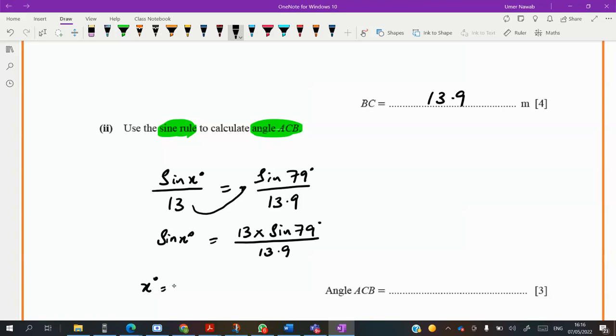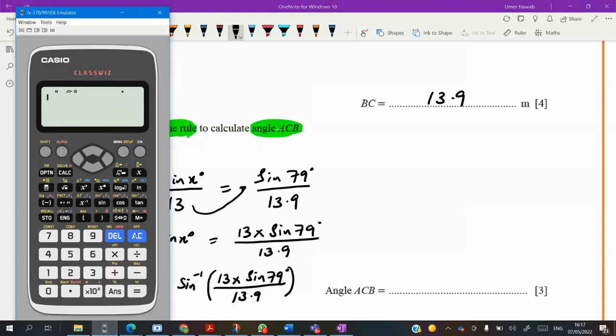Then we write shift sine of 13 times sine of 79 over 13.9. We got 66.6.